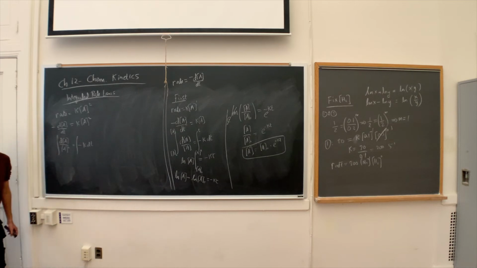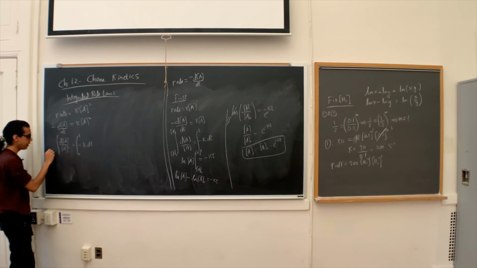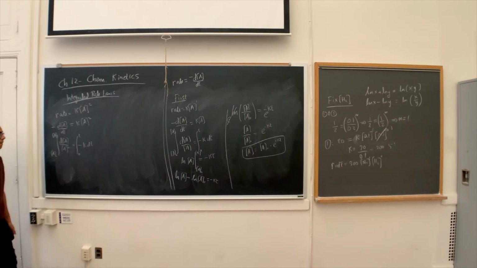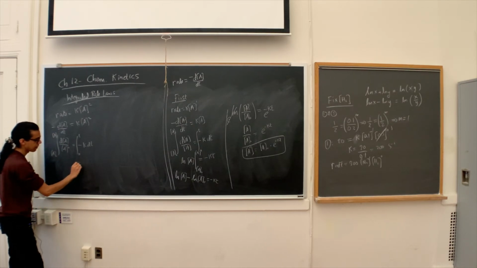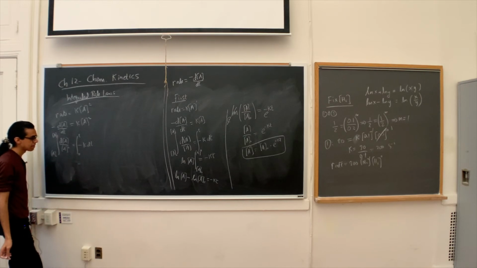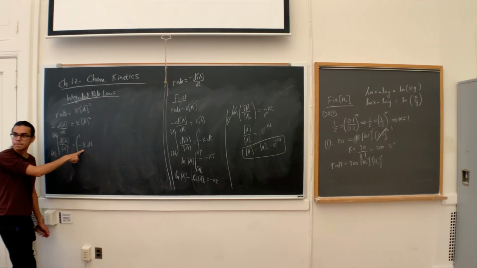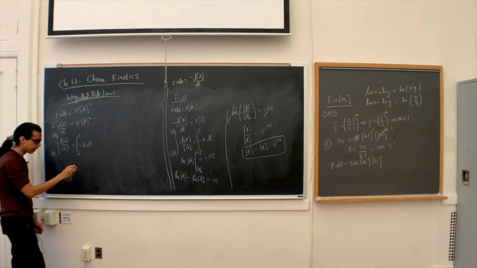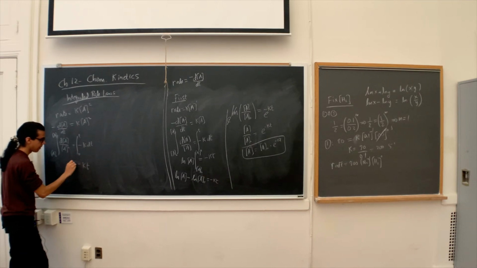Integrate. Same steps as before. We go from 0 to some time t, from a naught to some concentration a. Great. What's the right-hand side? Negative kt, good.